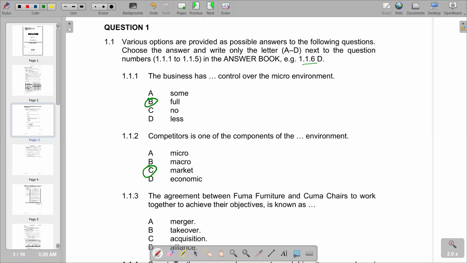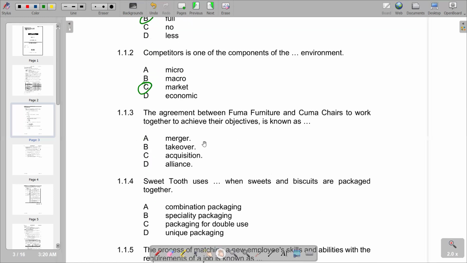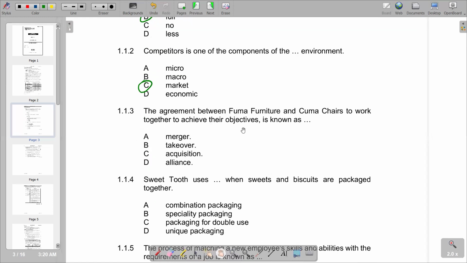Moving on to 1.1.3. It says that the agreement between Kuma Furniture and Kuma Chairs to work together to achieve their objectives is known as: major takeover, acquisition, and alliance. And I would see that alliance is the correct response, which is our D. We know that the explanation of alliance matches the scenario we are given in 1.1.3.